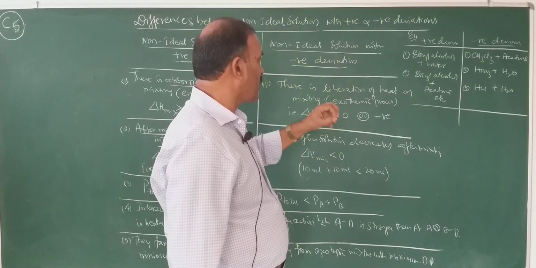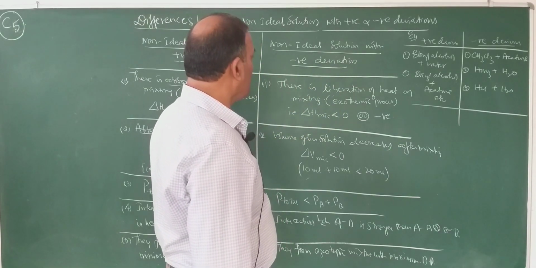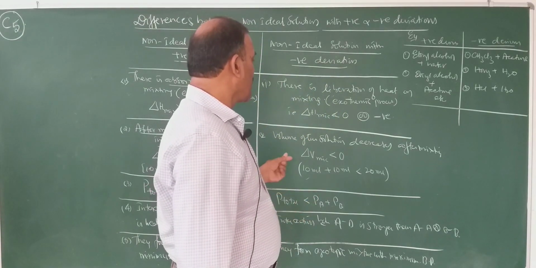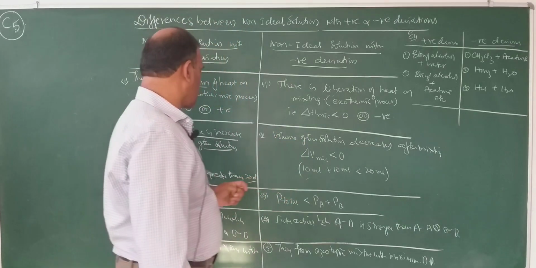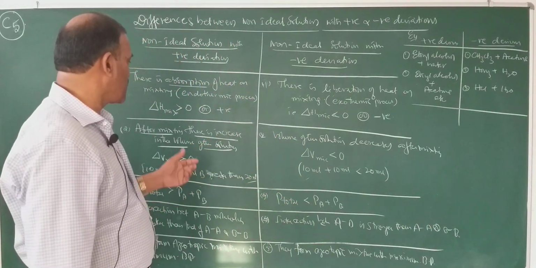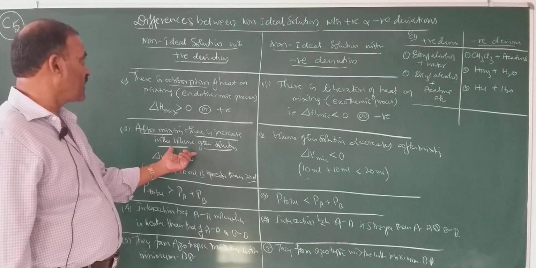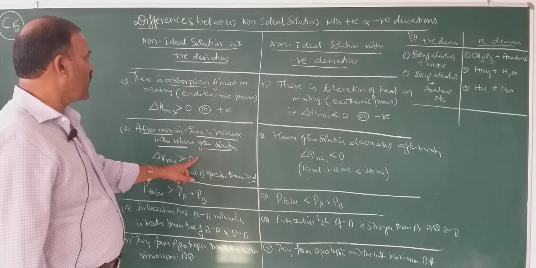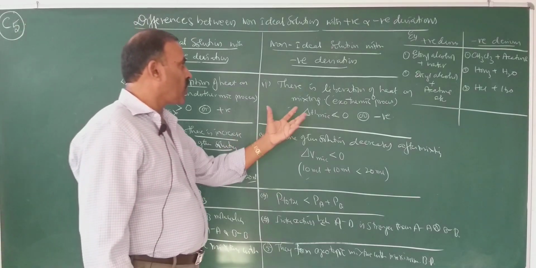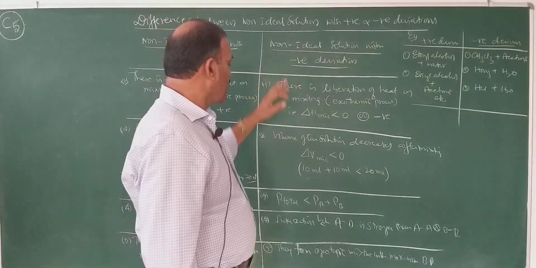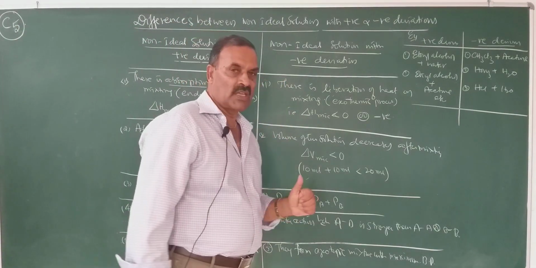If heat is absorbed, it is a non-ideal solution with positive deviation. If volume increases on mixing the two solutions, it is a non-ideal solution with positive deviation. If volume decreases, it is a non-ideal solution with negative deviation.